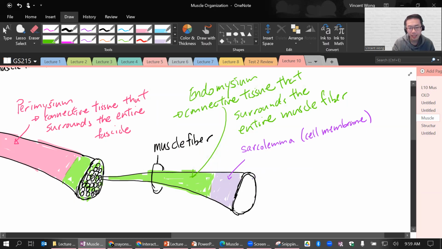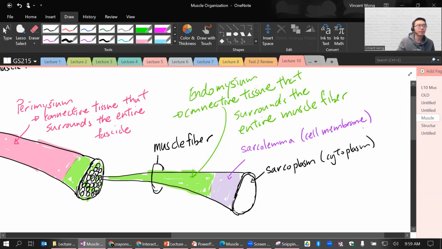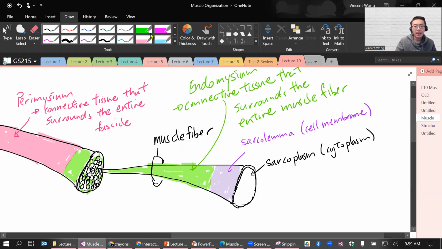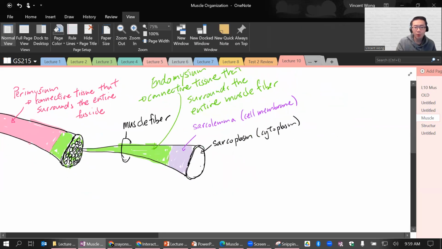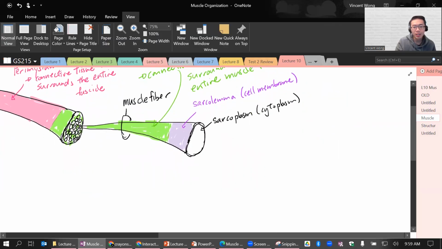The inside is called the sarcoplasm, which is the same as cytoplasm. And we're just gonna pull one last thing out, I promise. Scattered throughout the sarcoplasm, you're gonna have all these fibers.